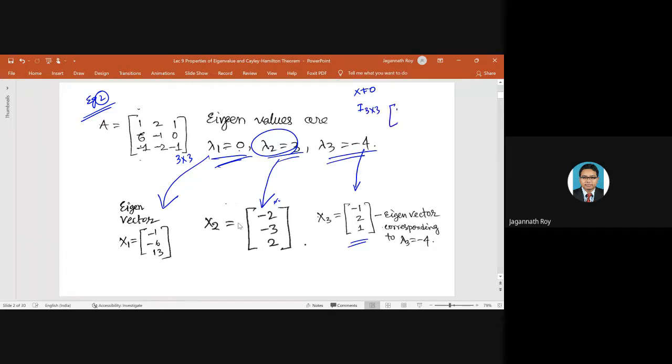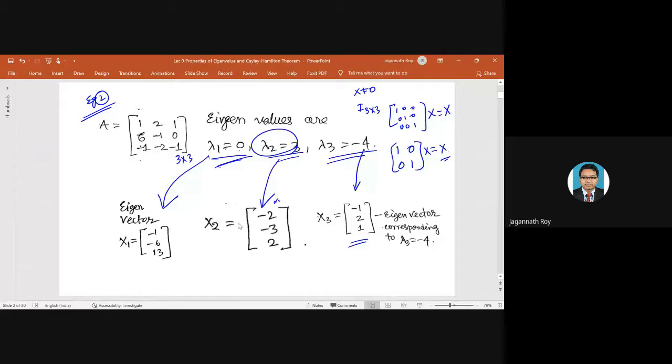Now what will happen if x is a non-zero vector and I is a 3 by 3 identity matrix, for example 1 0 0, 0 1 0, 0 0 1? If you multiply with any vector, what will you get? You will get the same vector, right?